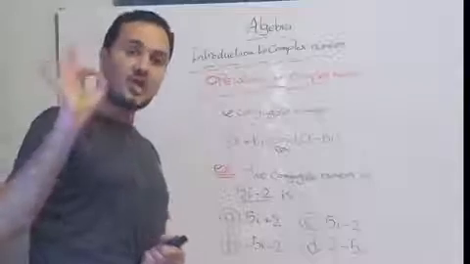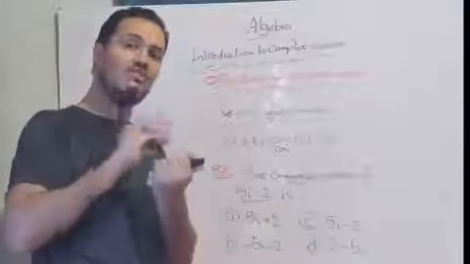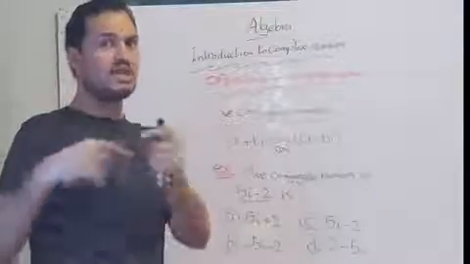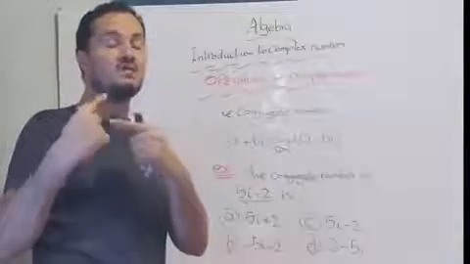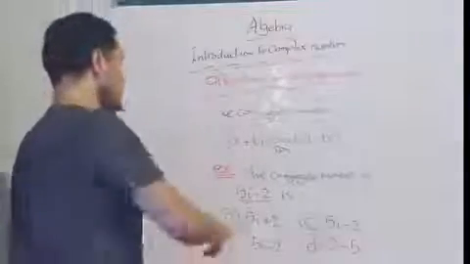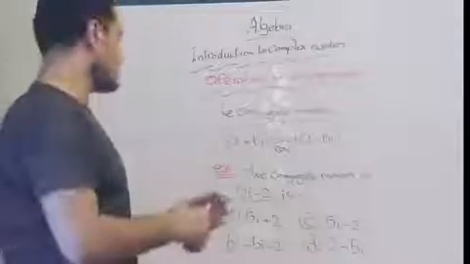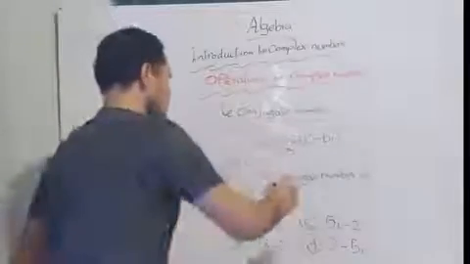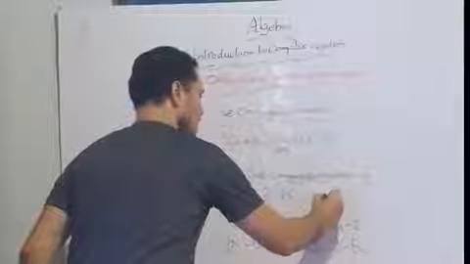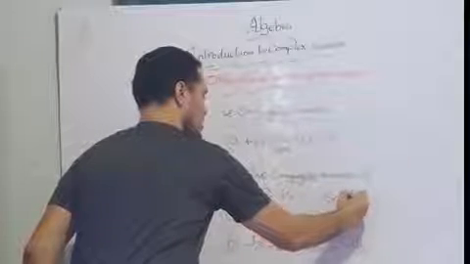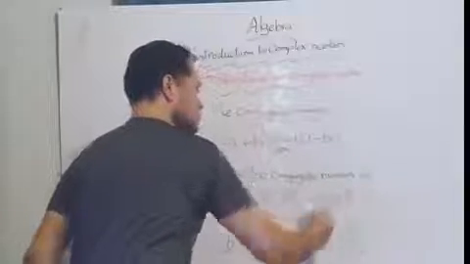I said that the conjugate is focusing on the sign of the imaginary part. Okay, let's change the sign of the imaginary part. 5i, let's change it from positive to negative. So the imaginary will be negative 5i minus 2.